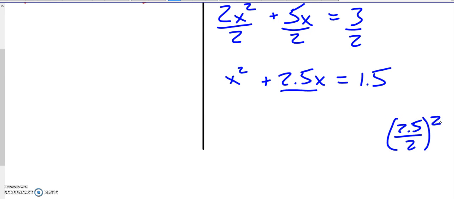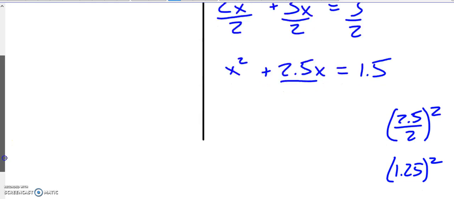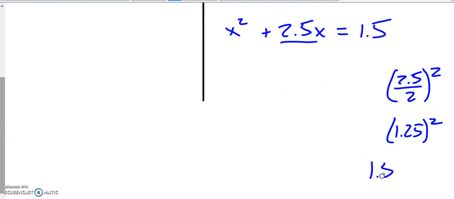If we do 2.5 divided by 2, we get 1.25. And then if we square that, we get 1.5625, which is what we're going to add to both sides of the equation.